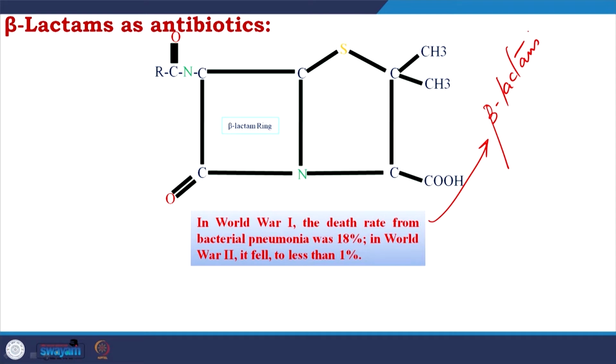Then in 1928, Fleming invented penicillin. It was not even a drug. He discovered the penicillium, and the fungus was grown, and then they squeezed the juice coming, and it was given to the wound.